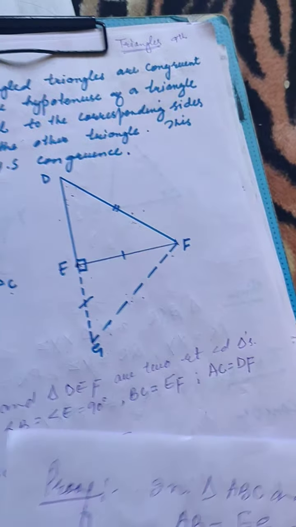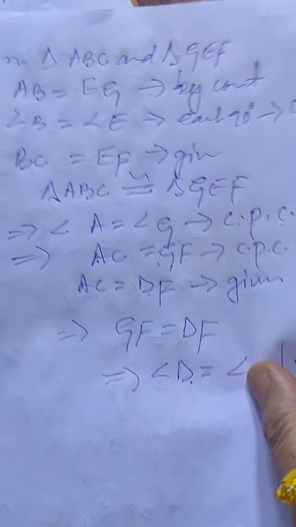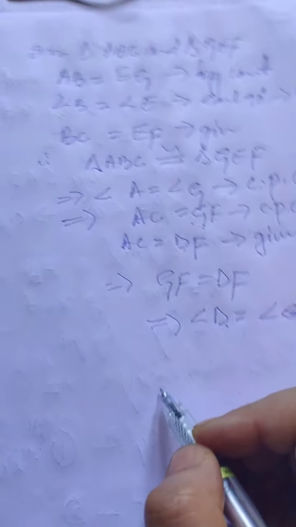As per the condition here, I have already proved that angle A is equivalent to angle G, and here I have to prove that angle D is equal to angle G. I have to combine these conditions.